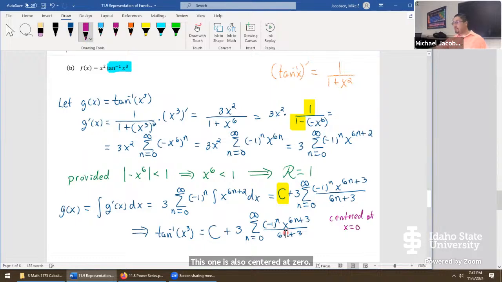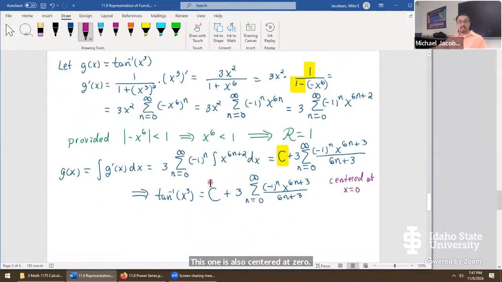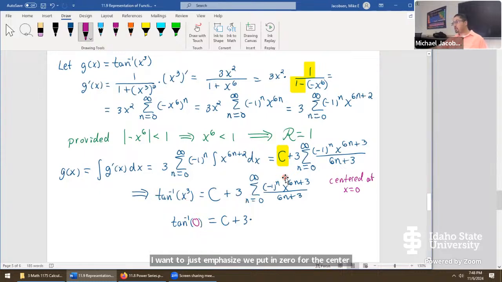Which is important because that means to solve for the constant c, really the only thing that we can do is plug 0 in for x. Left-hand side is now tangent inverse of 0. Right-hand side is the constant c plus 3 times... let me fix this color coding here. I want to emphasize we put in 0 for the center. Sure, it's 0 cubed, but still 0. Throw in 0 here as well, and this is what it turns into.